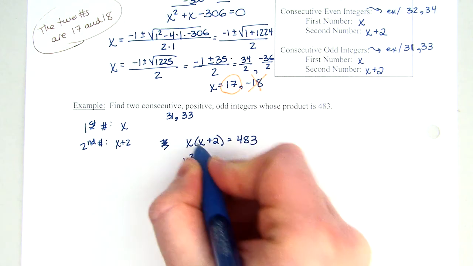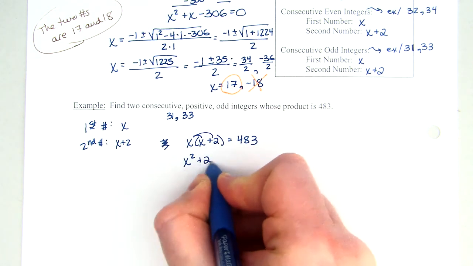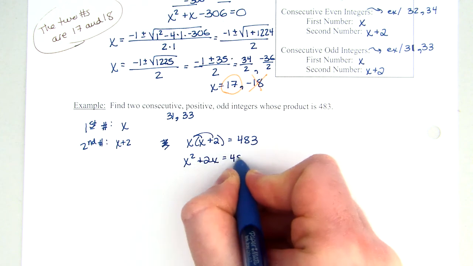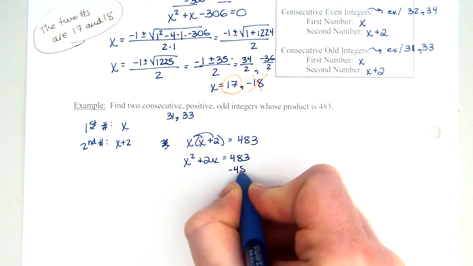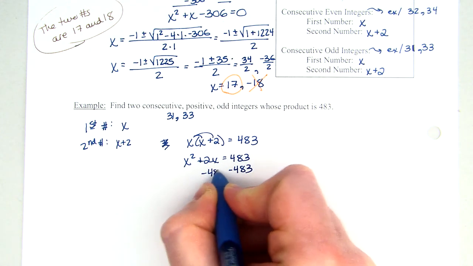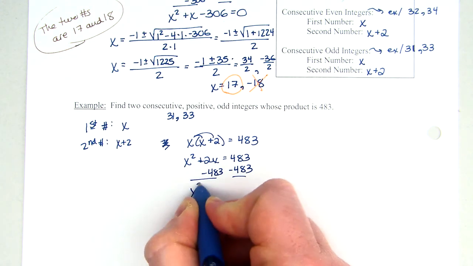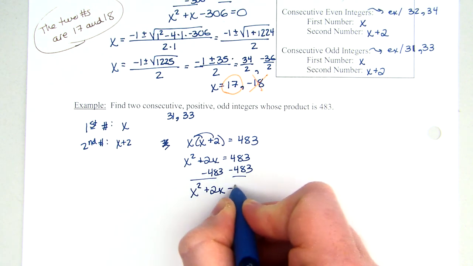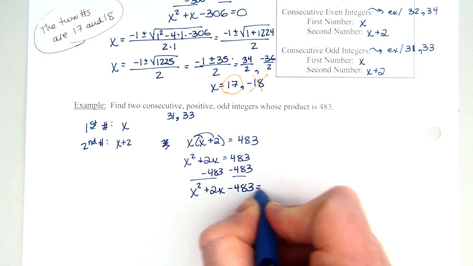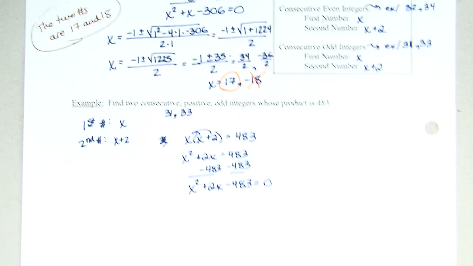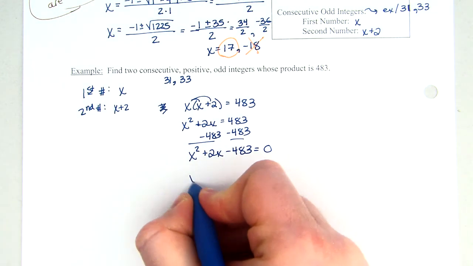Okay, I'm going to get x squared plus 2x equals 483. Minus 483, minus 483. I'm getting x squared plus 2x minus 483 equals 0. I'm going to go and use my quadratic formula.